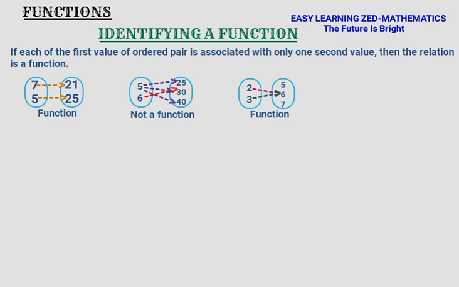Despite being the same number, the two numbers are associated with the same number. But the rule is each number from the first value of ordered pair should associate with only 1. So that is what 2 and 3 are doing. They have just associated with 1.